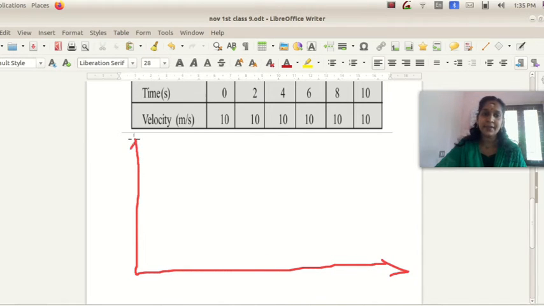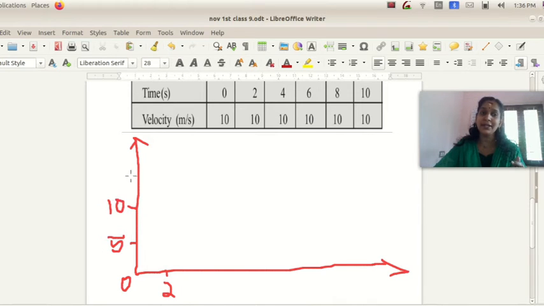At 0 second, the car was not started. For example, just consider it as a car. At 2 second, the position of the car is 10 meter from its initial position. On the y-axis, we should take 1 centimeter as 5 meter.